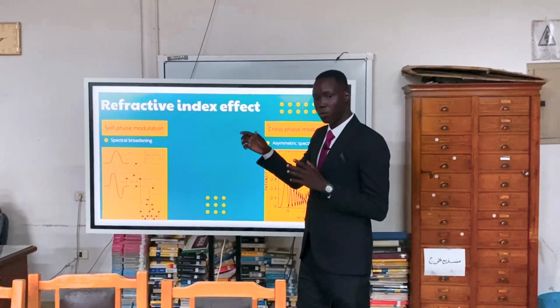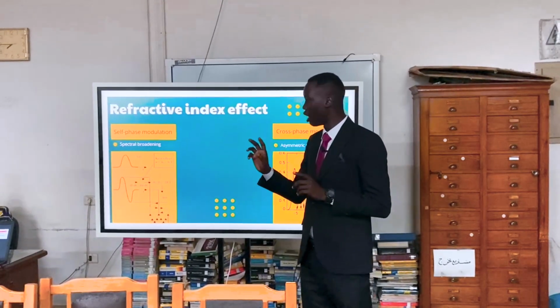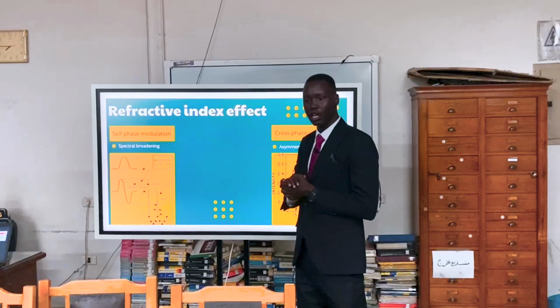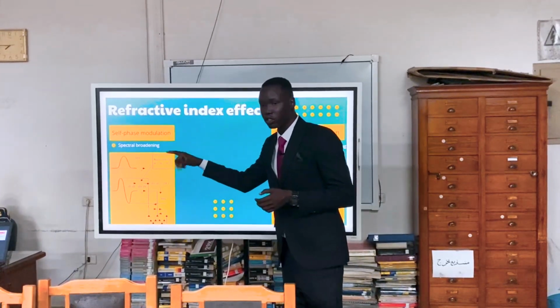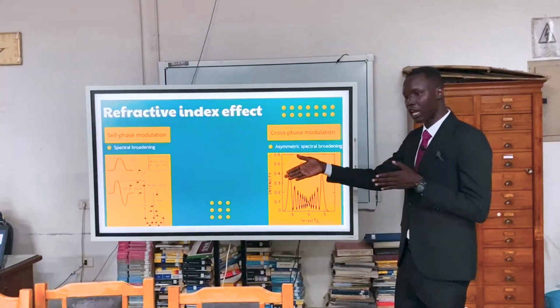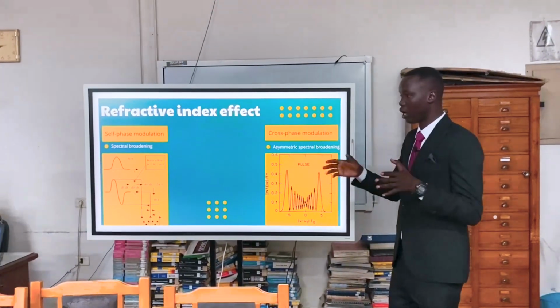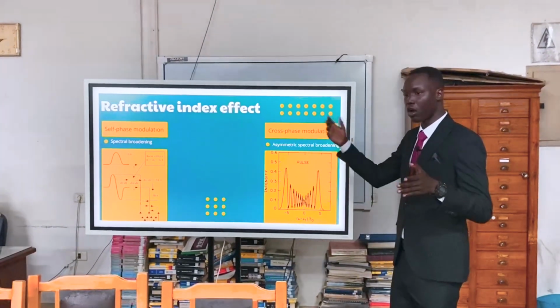As the light propagates inside the channel, a phase shift can happen, and this can cause spectral broadening, where the pulse broadens to a range of frequencies, which can cause interference.